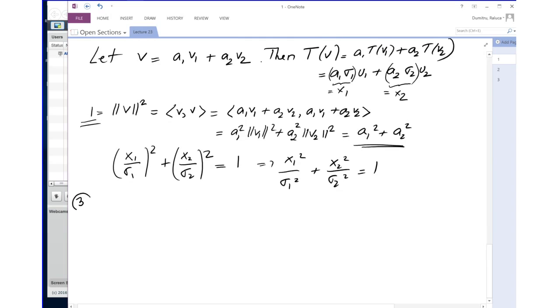Two more ideas. For certain operators, it's much easier to find the singular values than for others. What operators? The normal and especially the self-adjoint ones.